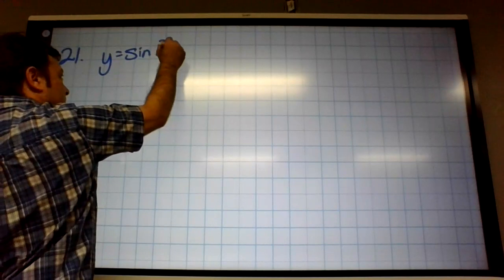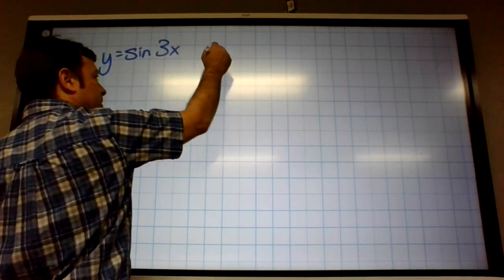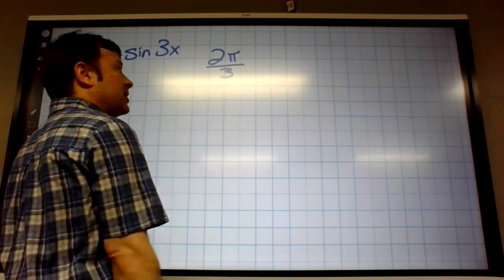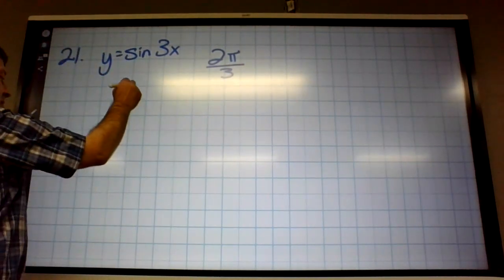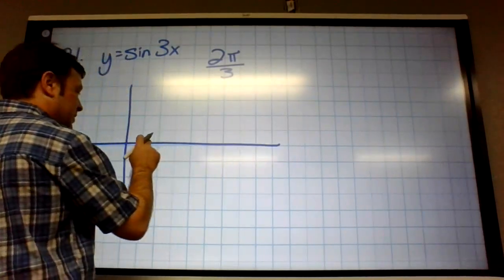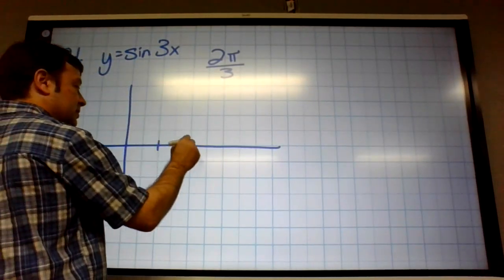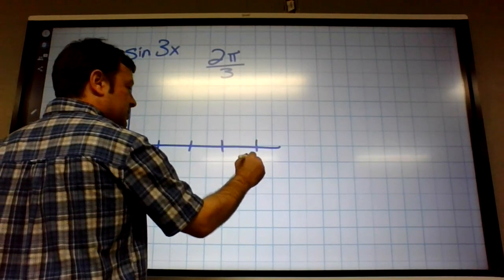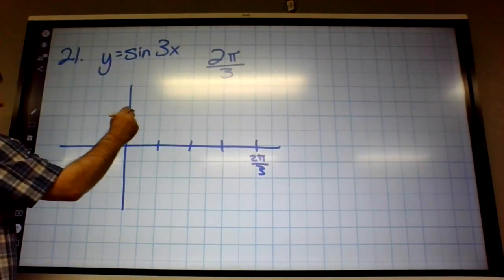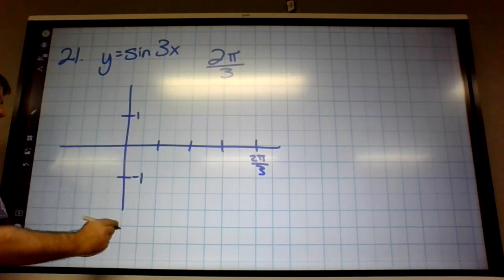The 3 tells us that the period, instead of being a normal 2 pi, is going to be 2 pi divided by 3, which doesn't really simplify, so we're just going to leave it like that. But over here on the fourth mark, I'm going to put 2 pi over 3. The amplitude is untouched.